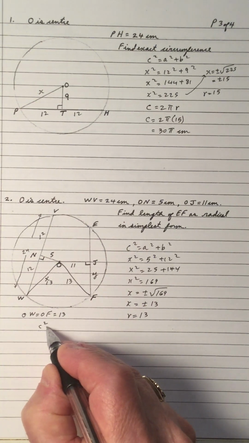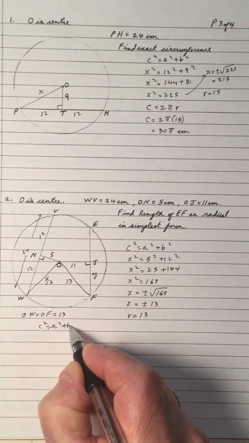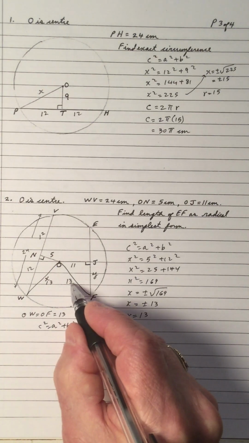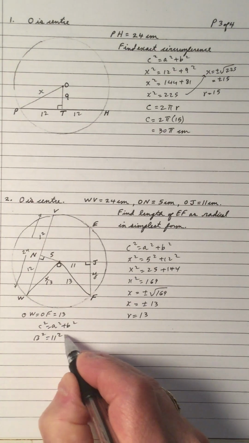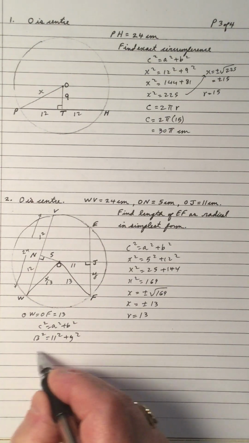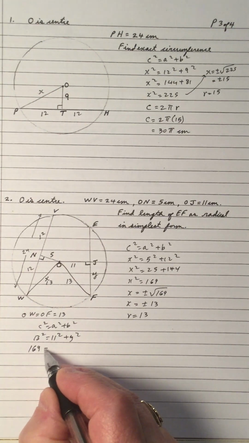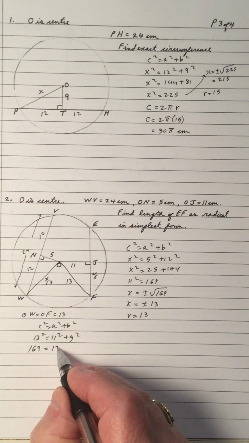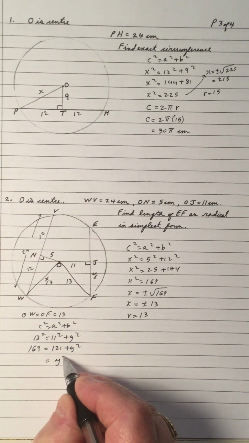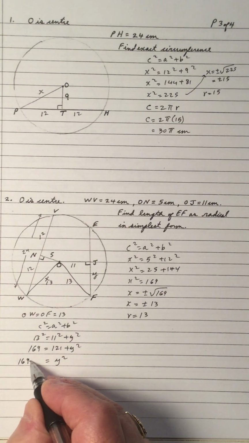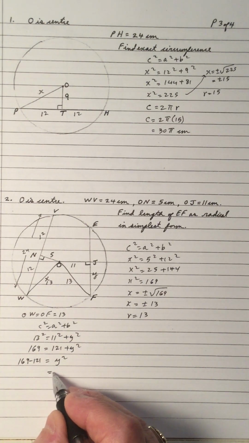So C squared is A squared plus B squared. So C is the hypotenuse of 13 squared. A is 11. B is Y. So 169, 11 squared is 121. So Y squared is 169 minus 121.